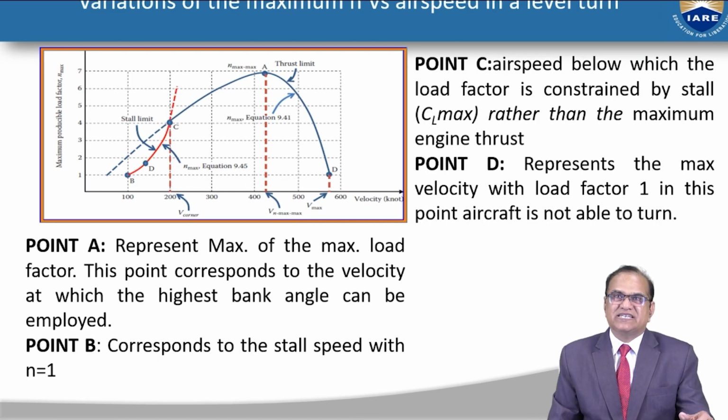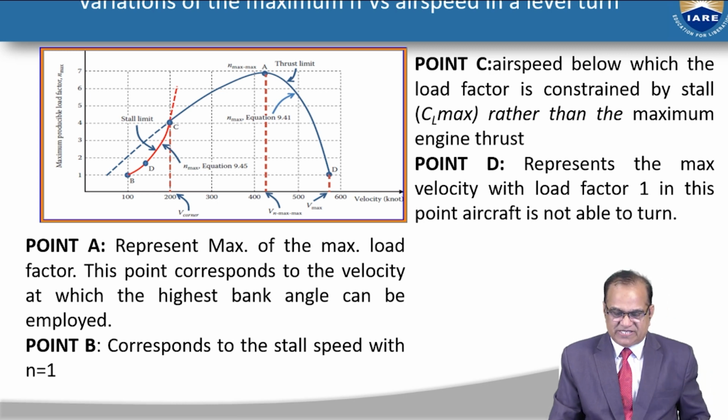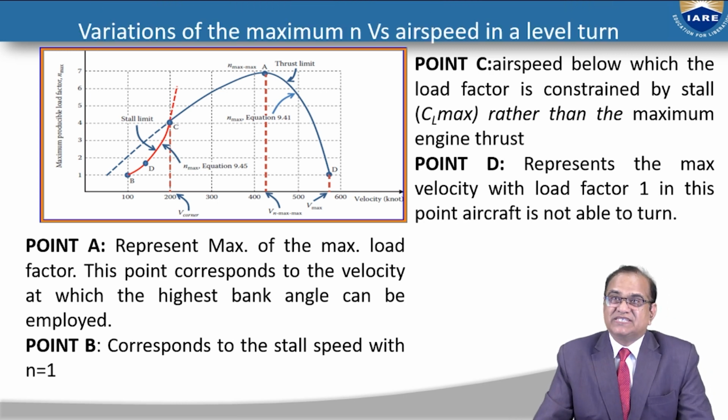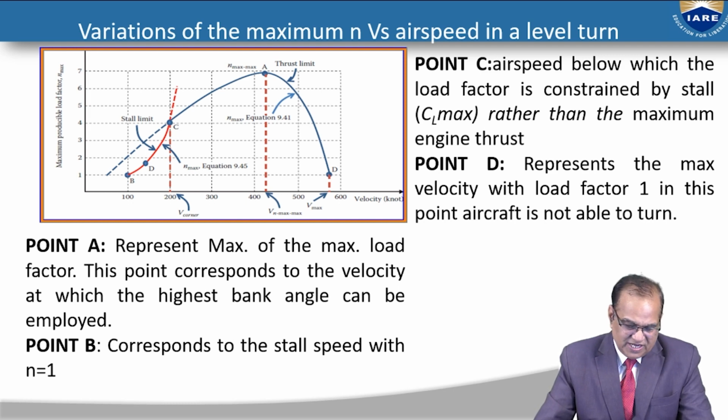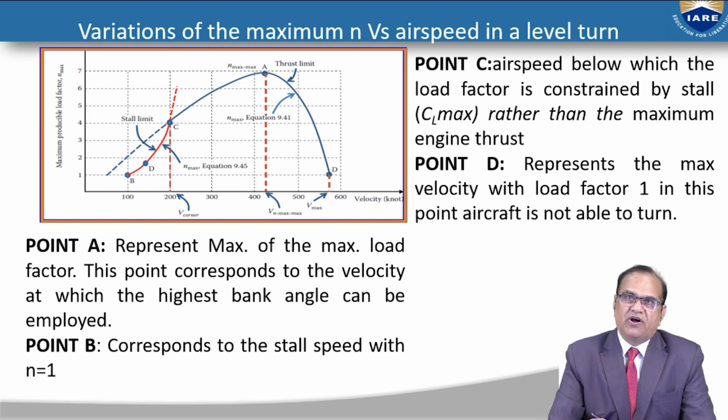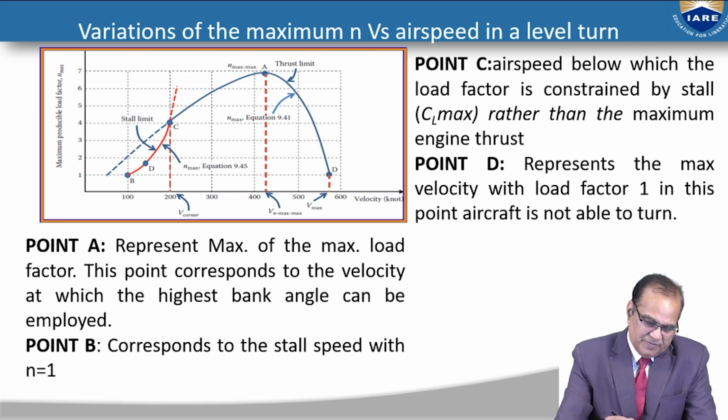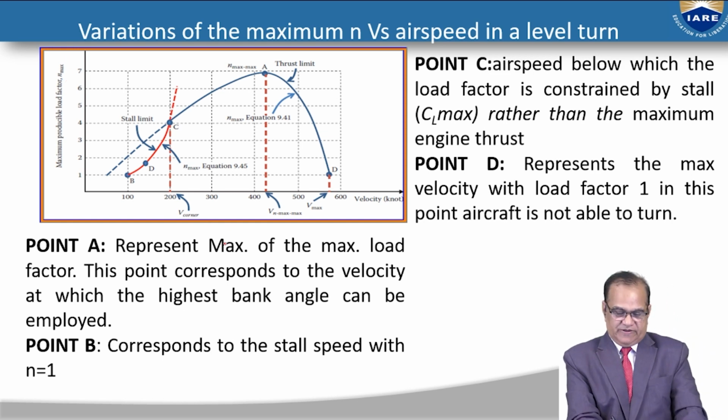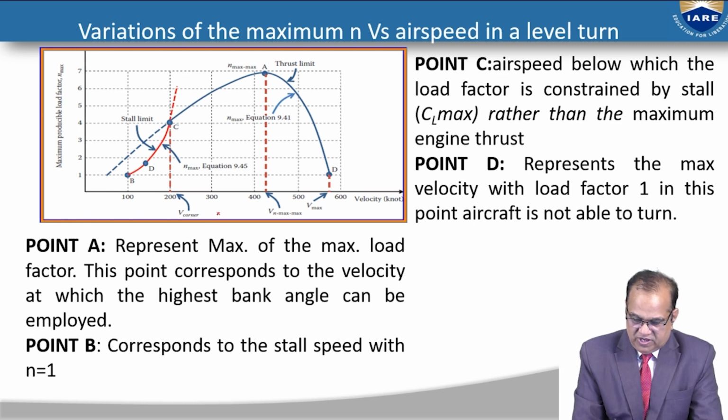Now we will discuss the variation of the maximum load factor versus airspeed in a level turn. Here we have drawn the very important maximum producible load factor, n maximum, and on the x-axis we have the velocity.